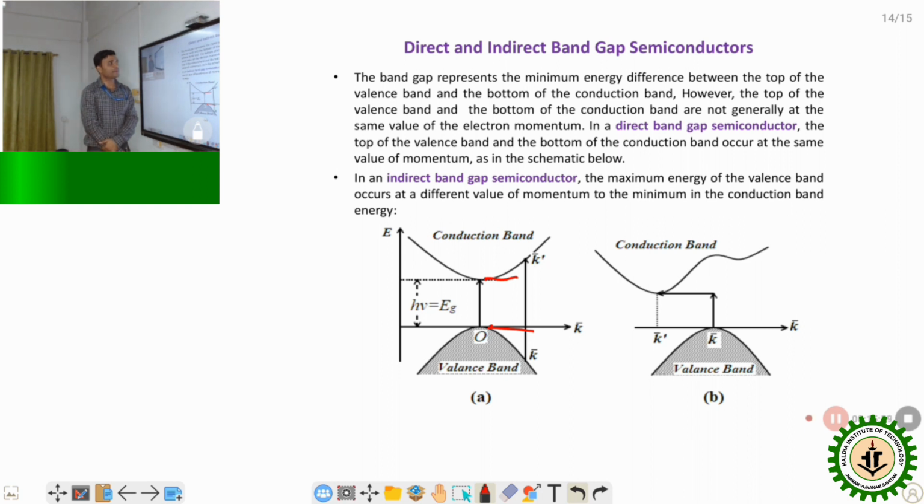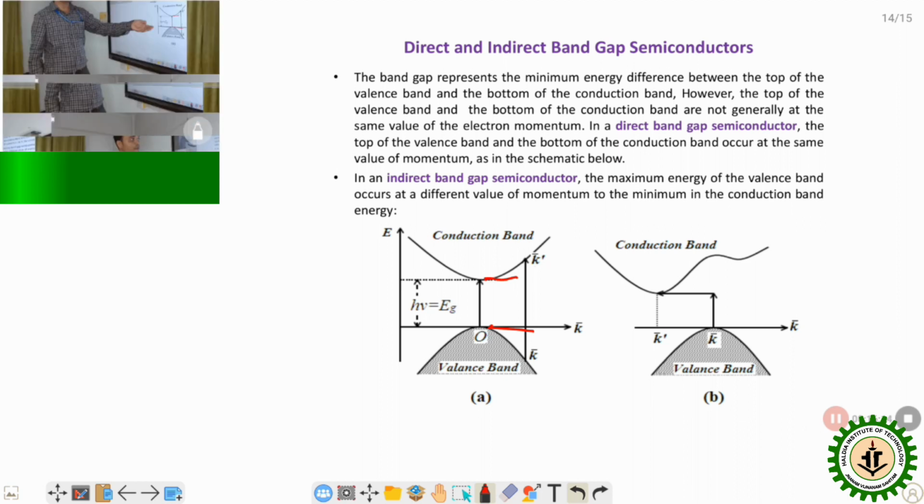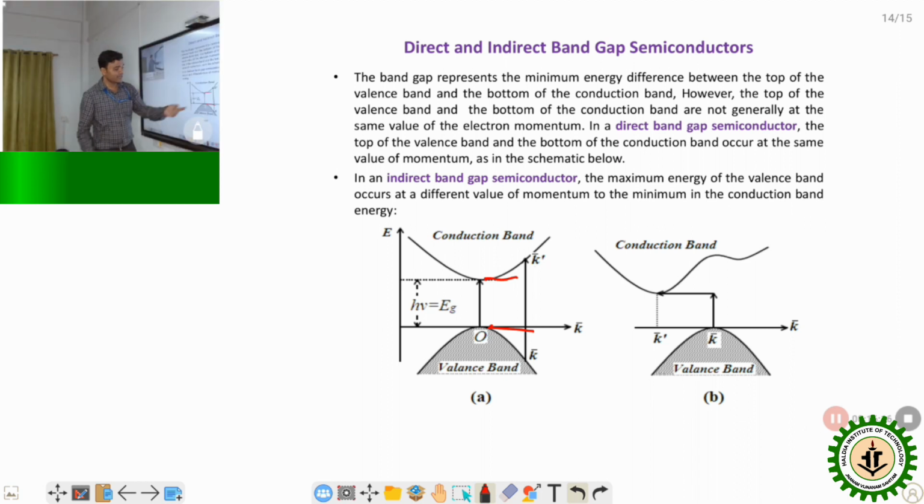However, the top of the valence band and the bottom of the conduction band are not generally at the same value of momentum. In a direct band gap, electrons move from here to there at the same momentum. That happens only in the case of a direct band gap.